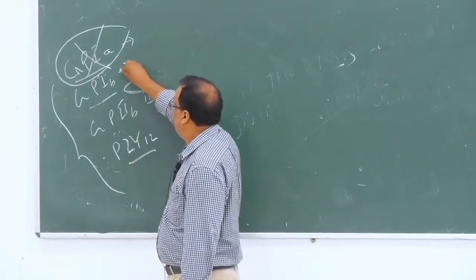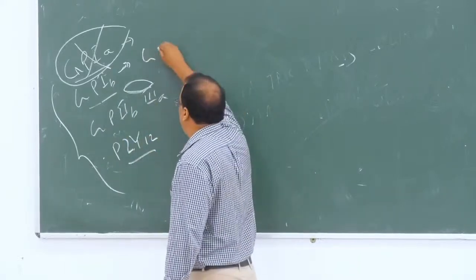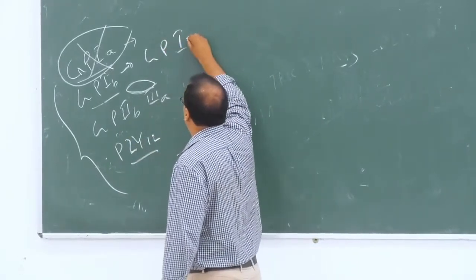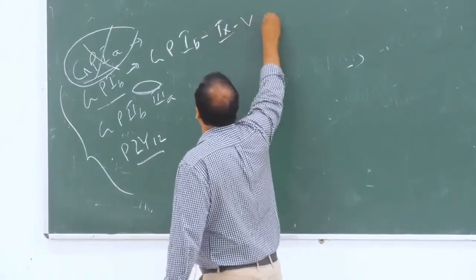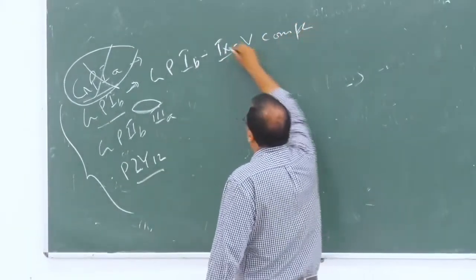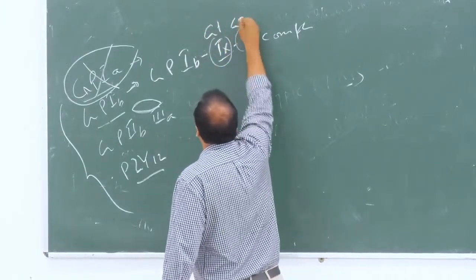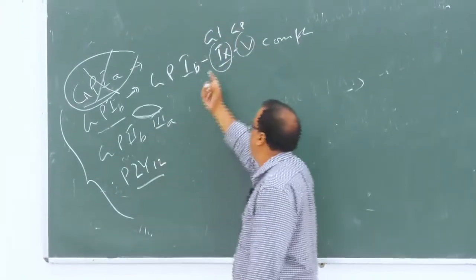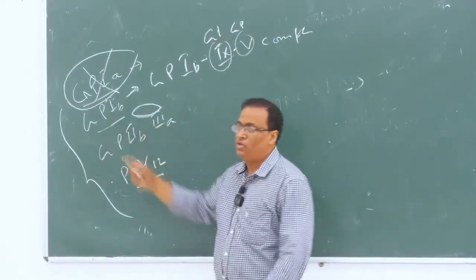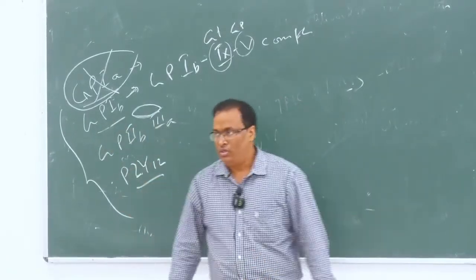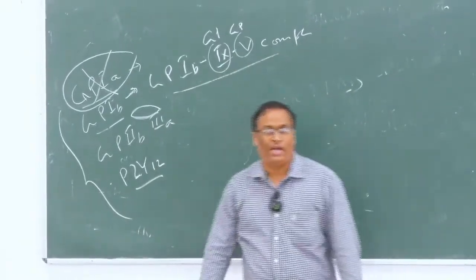I'm coming later. GP9 and GP5 are also present in the platelet membrane. So GP1B does not roam around alone; this complex helps for the platelet adhesions.